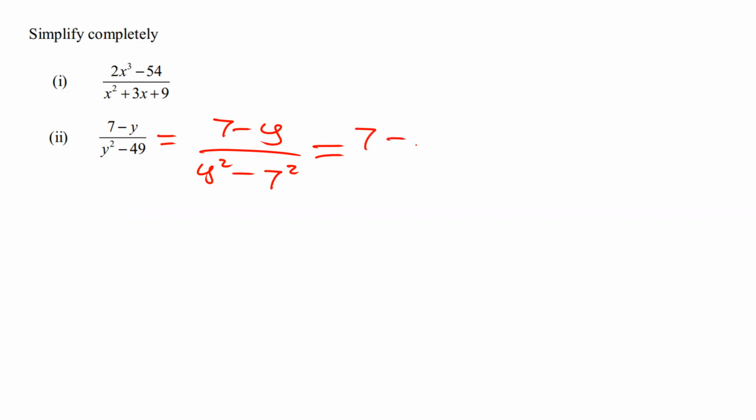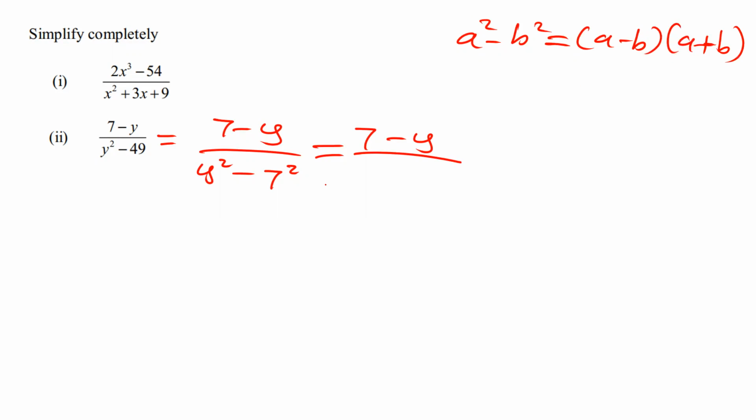The numerator will still be 7 minus y, and then the denominator can be written as a difference of 2 squares. Remember, if you have a squared minus b squared, this is just the same as a minus b times a plus b. So when you have y squared minus 7 squared, this is just the same as y minus 7 times y plus 7.